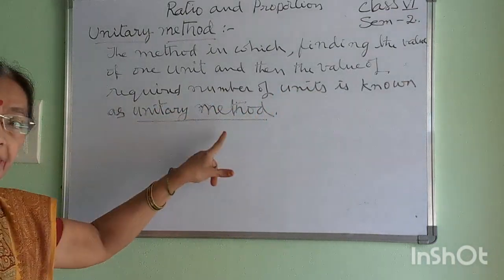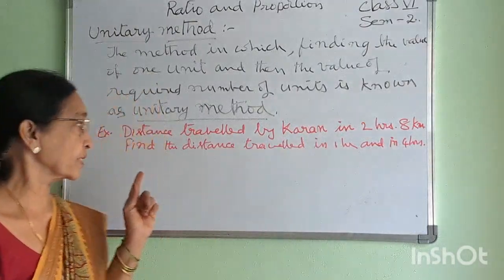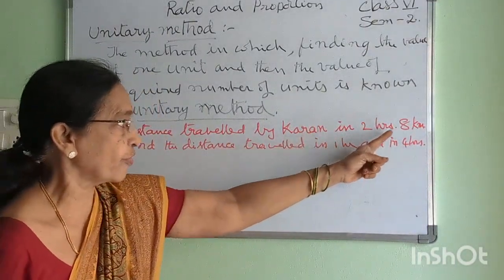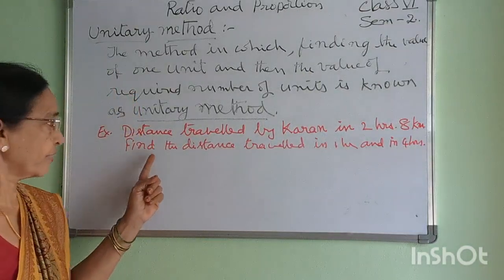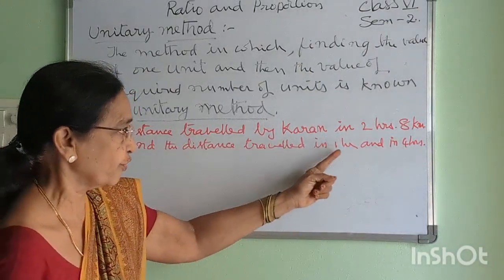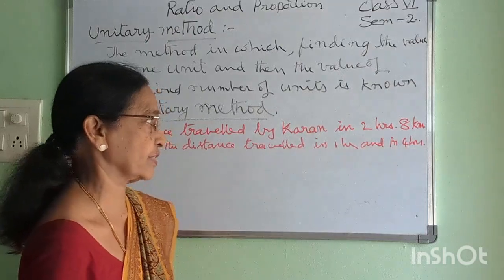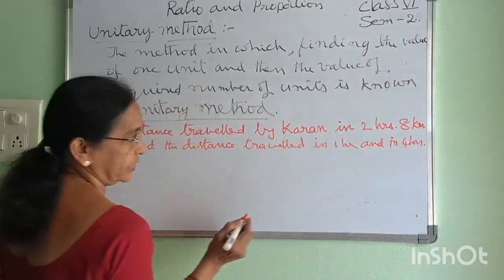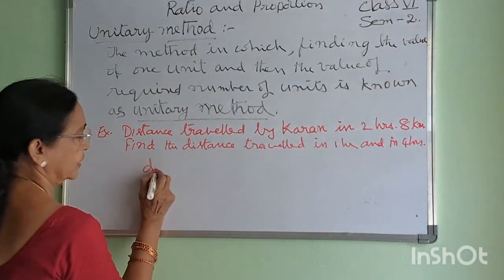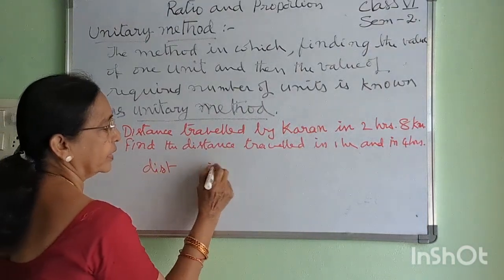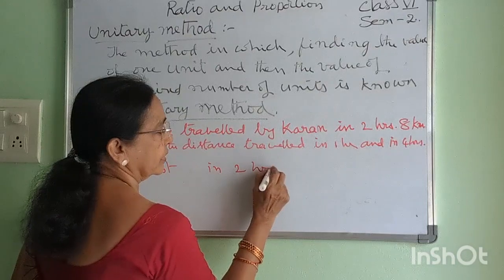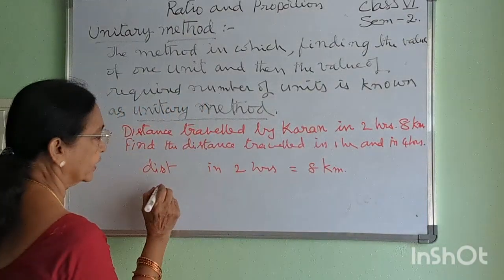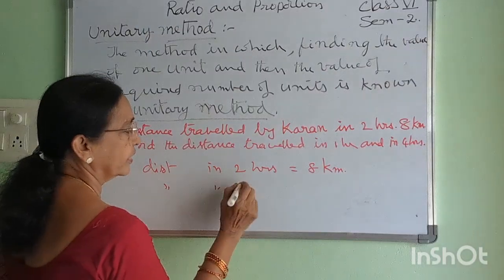Coming to the next example, the distance travelled by Karan in 2 hours is 8 kilometers. Find the distance travelled in 1 hour and in 4 hours. So first we will find the distance covered in 1 hour.